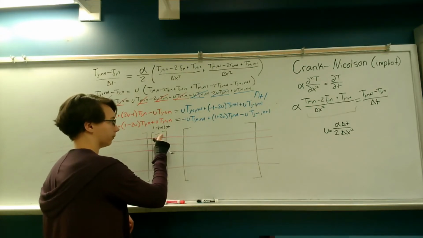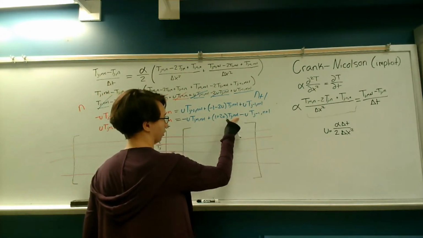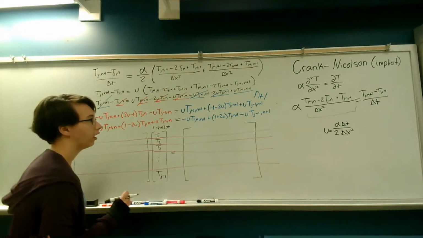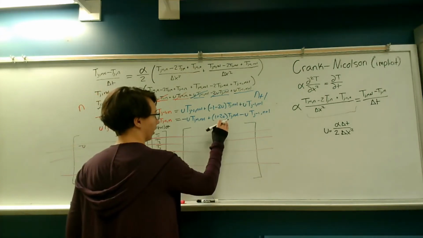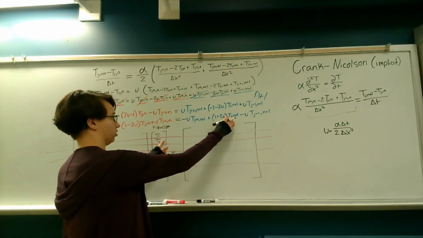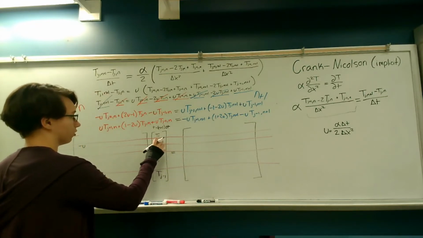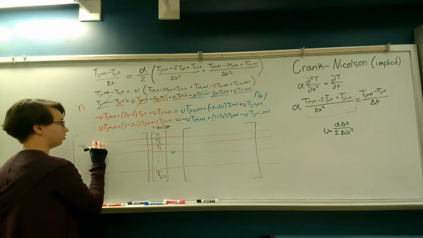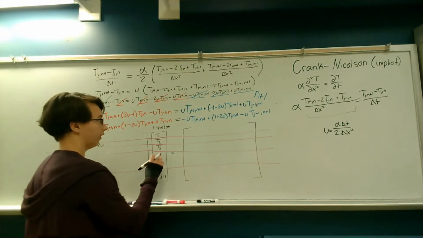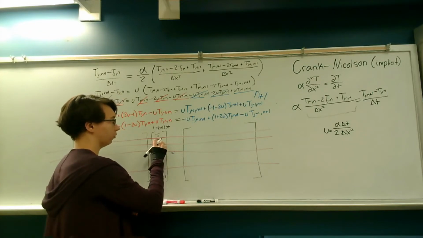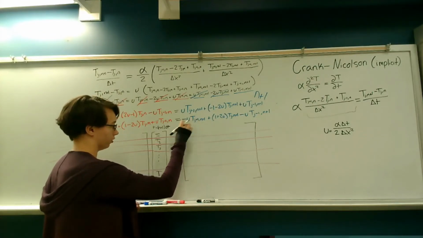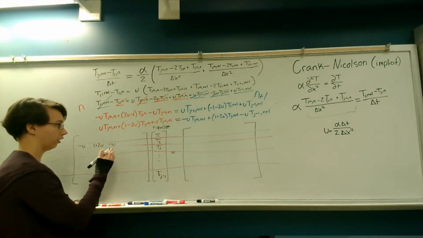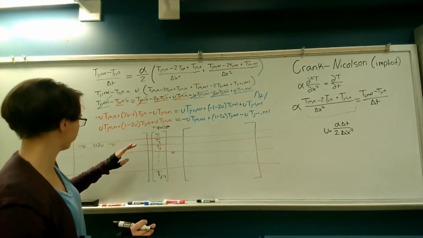So to multiply by temperature 1, we're going to want to multiply by this negative u. So our first term on here is going to be negative u. And then we're going to have this, which is just Tj, or T2, so to multiply by T2, we're going to want 1 plus 2u. And then this term, we're at temperature 2, 2 plus 1 is 3, that's temperature 3. So multiplied by temperature 3 is negative u. And then the rest of the values in this part of the matrix are going to be 0.